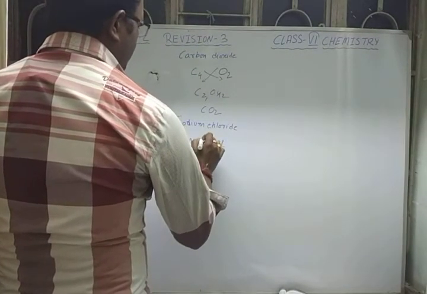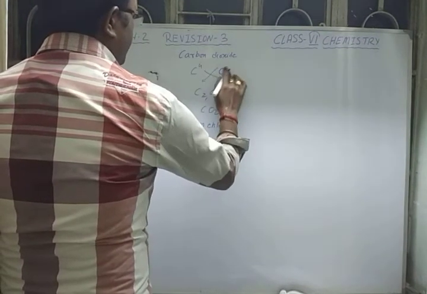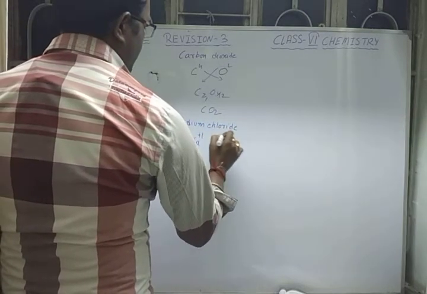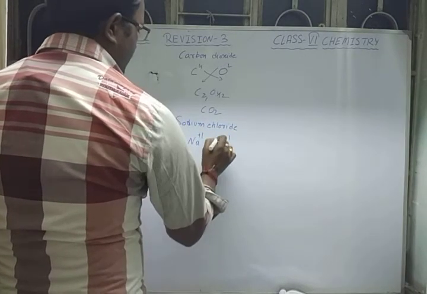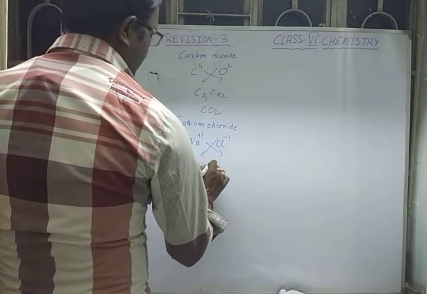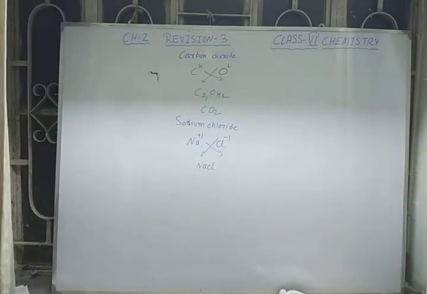It's better to write it on the top, so 1 plus, and for chlorine it is minus 1. So when you do the crisscross, what will you get? Simply NaCl.